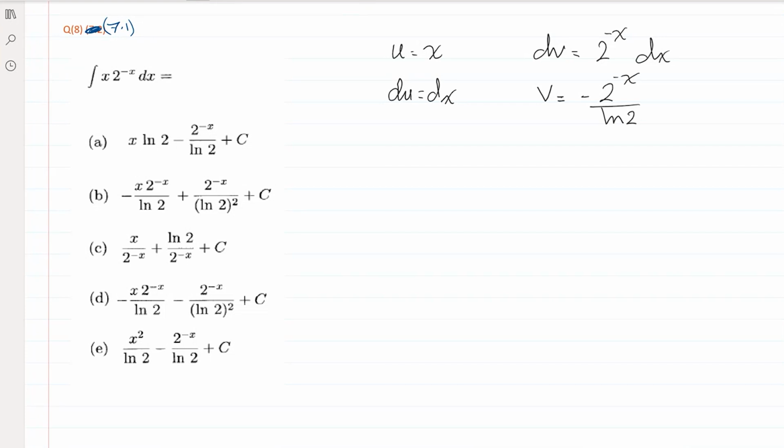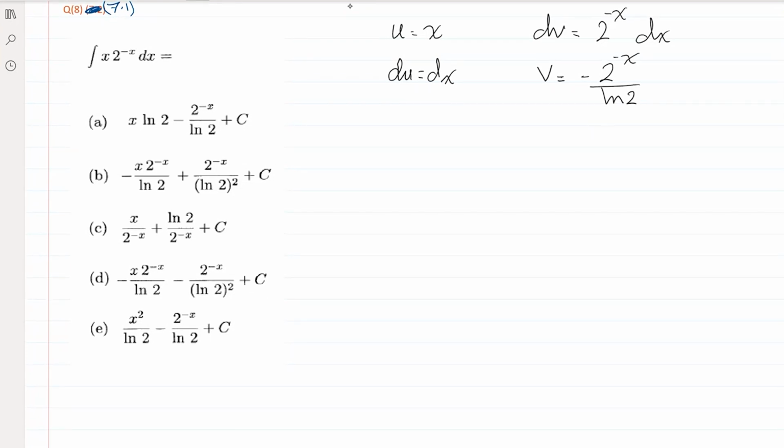Good. Now, type: if you take u times v, it will be minus 2 to the power minus x times x over ln 2. Minus will be plus the integral of v du. So it is 1 over ln 2, I will take it out, and again the minus outside also. It will be the integral of 2 to the power minus x dx, right?